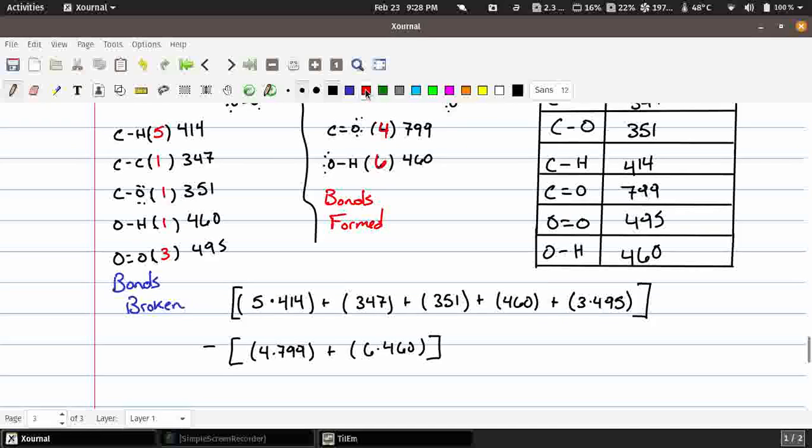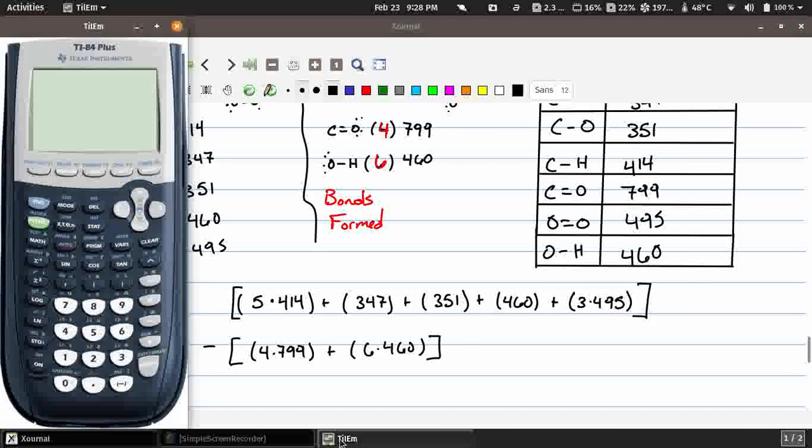Alright, let's do this in the calculator. And then this will be the last thing we do. We have one more thing to put in.